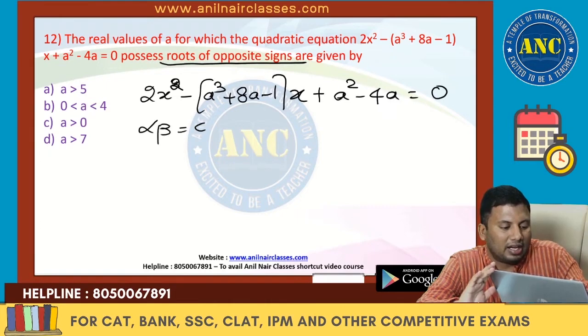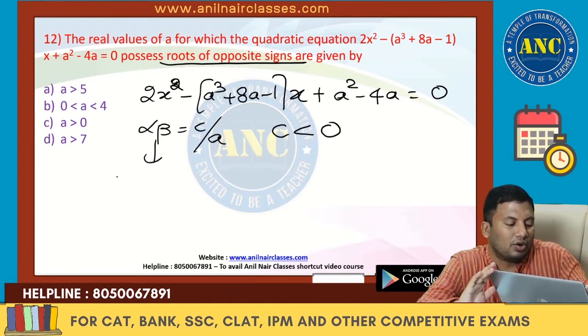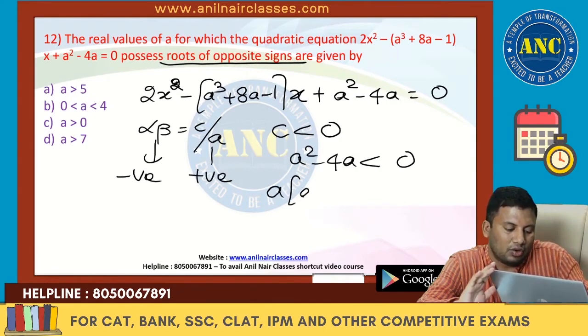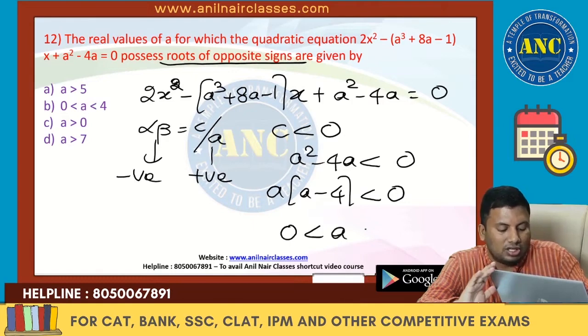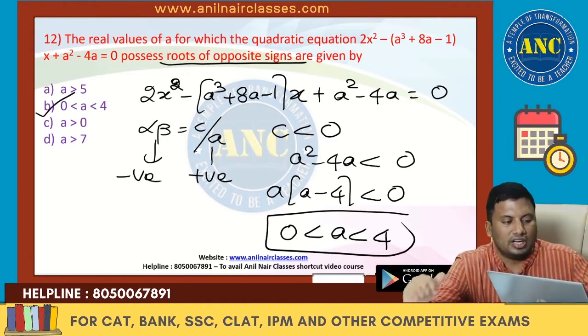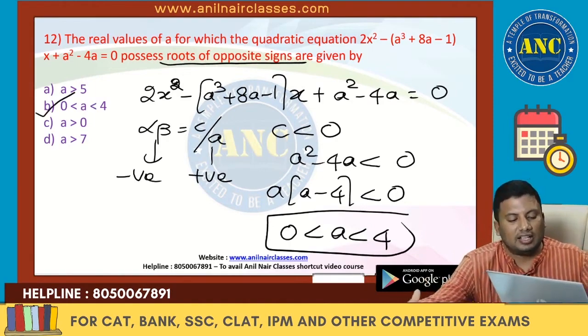Alpha beta is c by a. That means c should be less than 0 because it is negative, d is positive. That means a square minus 4a is less than 0. A into a minus 4 less than 0. 0 less than a less than 4. Answer for this question is 0 less than a less than 4.